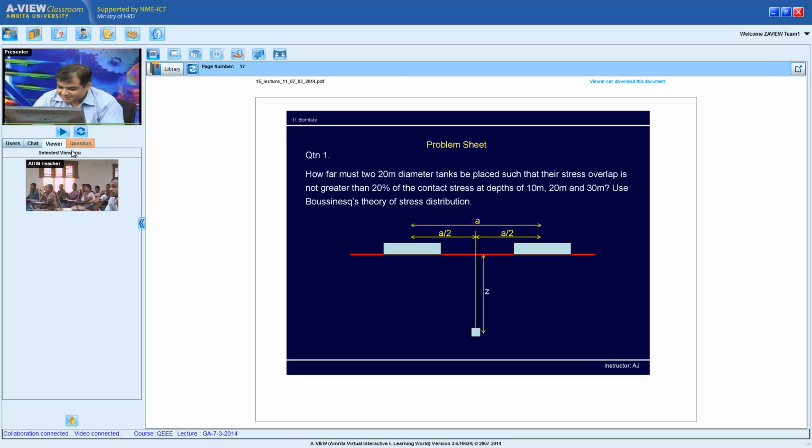Okay, I must admit, your questions are very tricky. If you follow the principle which we have just used, it does not matter, because all the theory which we use for stress distribution assumes that the soil is a continuum. Continuum means that the material is continuous, it's no longer porous.